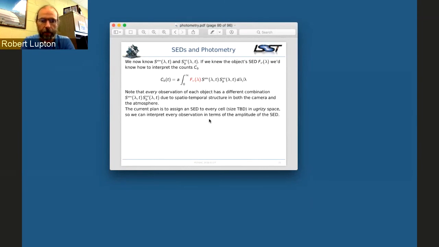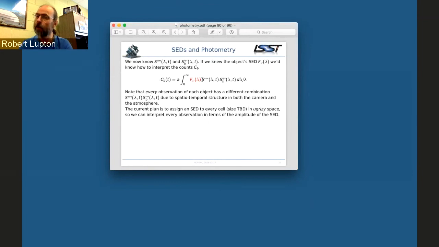So the current plan is to define and assign an SED to every cell in ugrizy space. And that tells me what the F nu is. So for that object, on that assumption, I can interpret those counts in terms of that F nu. That means I've backed out the varying atmospheric and filtered transmissions.